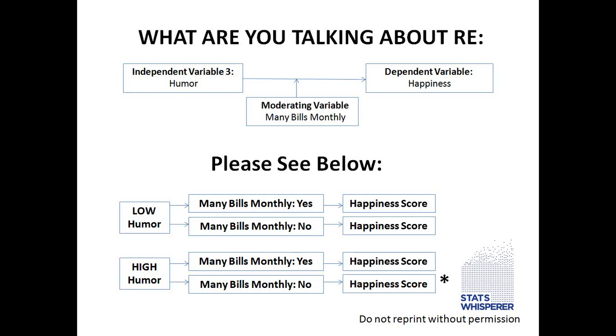So we end up with 4 happiness scores for these 4 groups. And our hypothesis, where the asterisk is right here, was that the highest level of happiness is going to be for people that have high levels of humor and not many bills monthly, right?